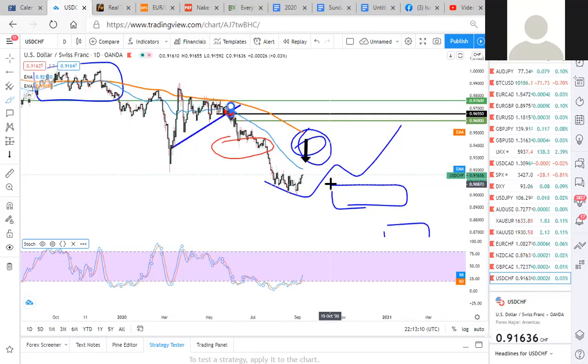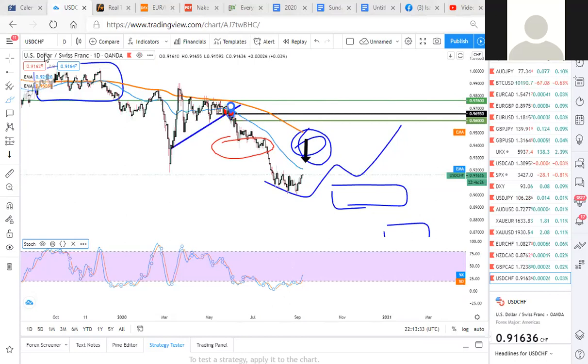But it's the 50% area. That would be for your stochastic, for your RSI, for your MACDs. They're all going to have the 50% area. The stochastic is just a little faster indicator, so I like it personally a little bit better.